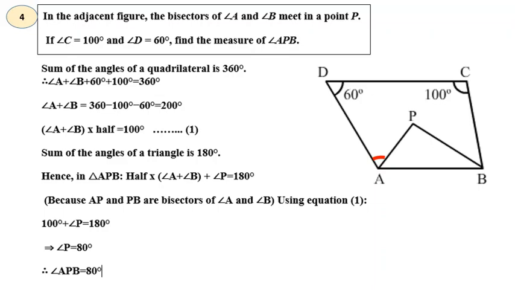AP is the angle bisector, which means that whatever red marking I am showing, that is equal to angle PAB. See this angle. Angle PAB and the first red marking, they both are equal. Therefore, we should mark those two as equal.